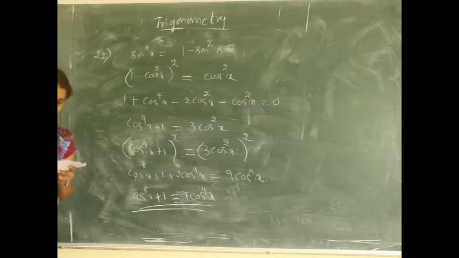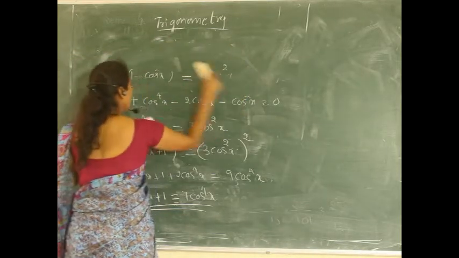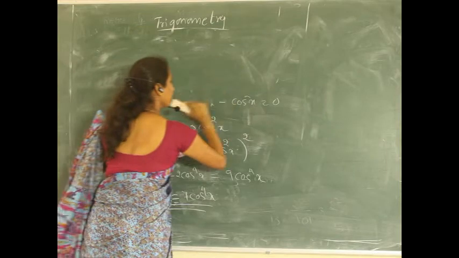Next, 23rd. If tan square A is equal to 2 tan square B plus 1, then what is the value of cos 2A we have to calculate?